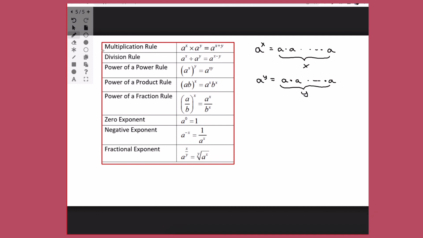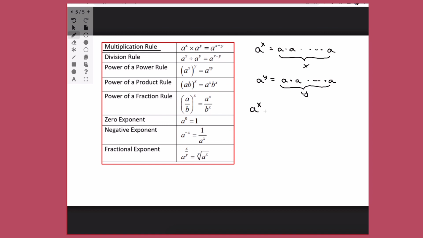So the first rule is the multiplication rule. It says a to the power x times a to the power y is equal to a to the power x plus y. Over here we have our two independent numbers that we want to multiply. We know a to the power x is just a times itself, x times, and a to the power y is a times itself, y times.